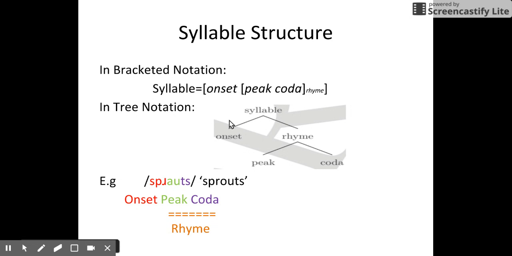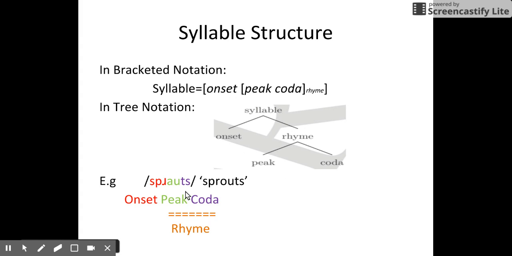So we can represent the structure in this tree notation, or we can use bracket notation. So we group these two together, peak and coda, and the bracket indicates the unit, rhyme. Okay, and then onset is the same thing but just a notational difference.